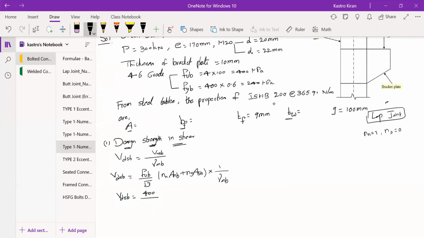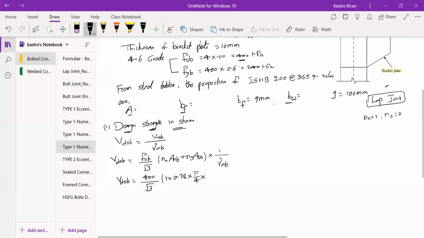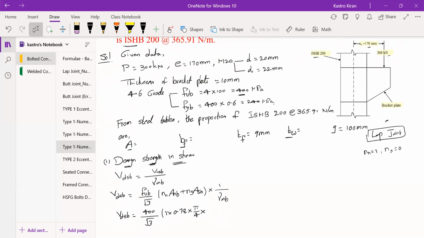Therefore, VDSB equals, FUB value is 400, so 400 upon root 3 into NN. NN value is 1. ANB formula is 0.78 times pi by 4 into D square, where D is the diameter of bolt, which here is 20 mm.